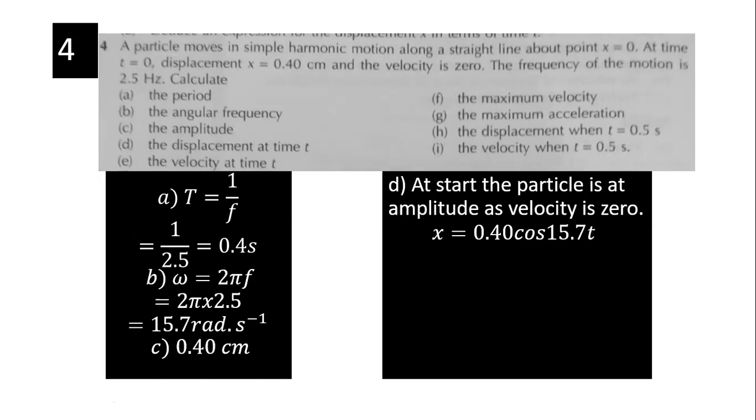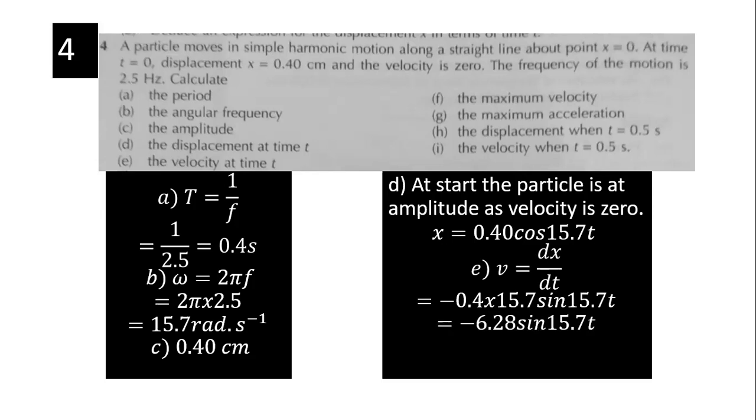Differentiate means dx/dt equals 15.7 times 0.40. No. Negative 15.7 times 0.40 sine 15.7t. Right? Differentiate it. That's all. That's what you get. Right? Work it out.